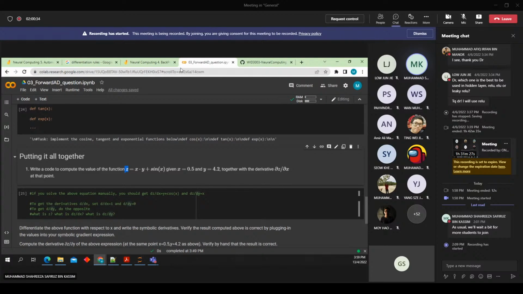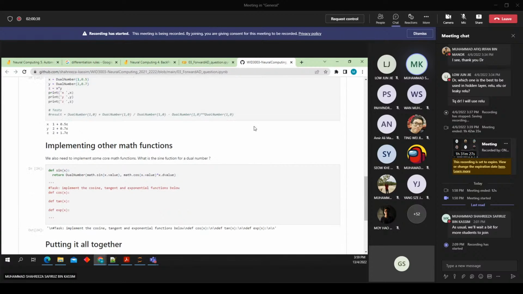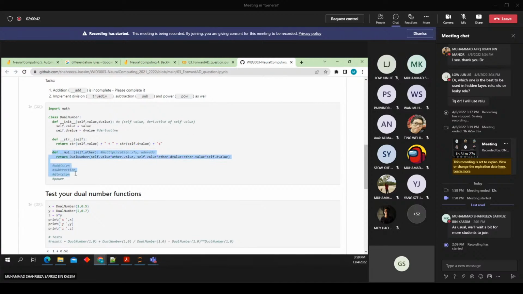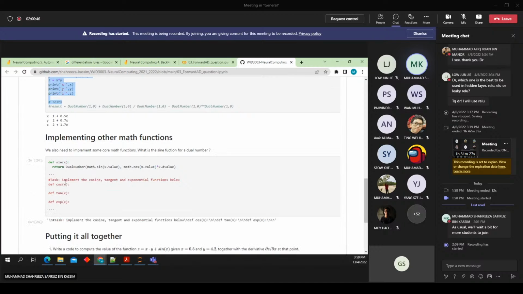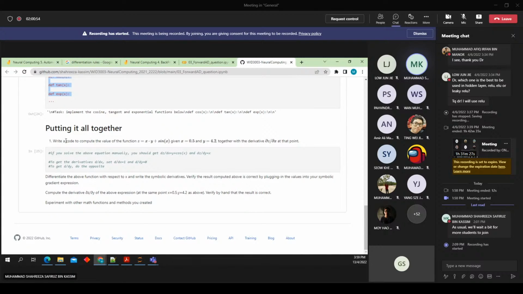So I've also uploaded this on GitHub. We have a class of dual number with multiplication. You can test your dual number functions. You can implement the other math functions here: your cosine, tangent, exponential. And this is putting it all together.